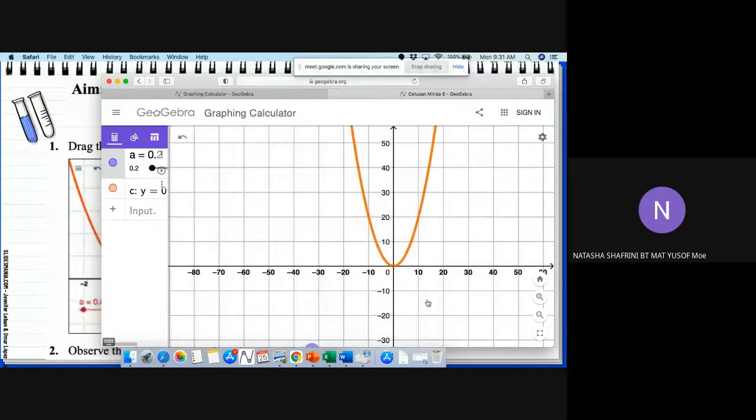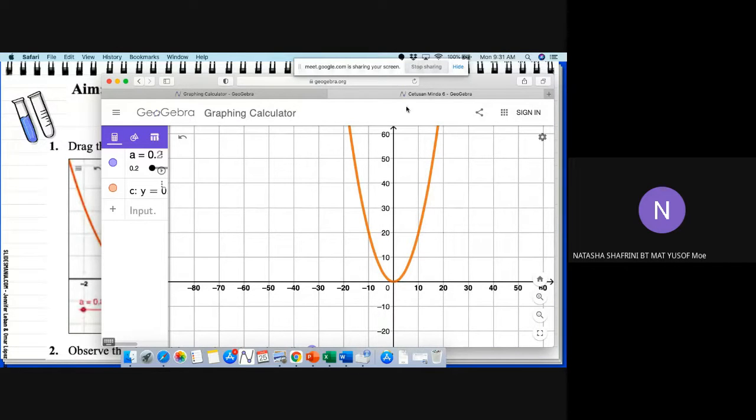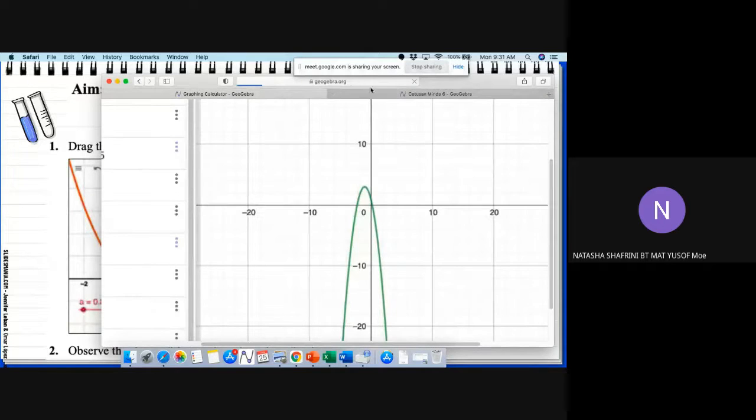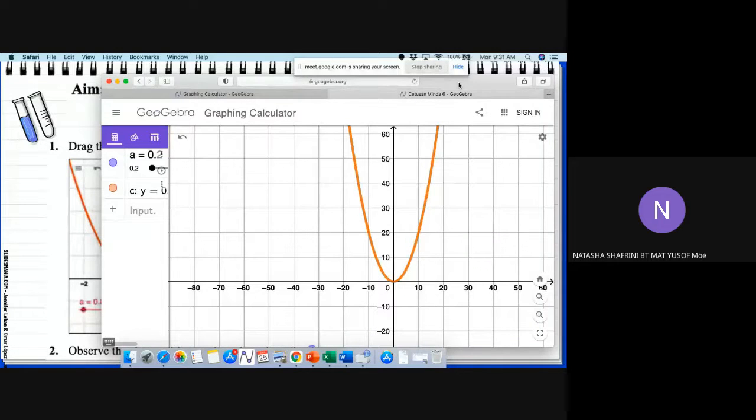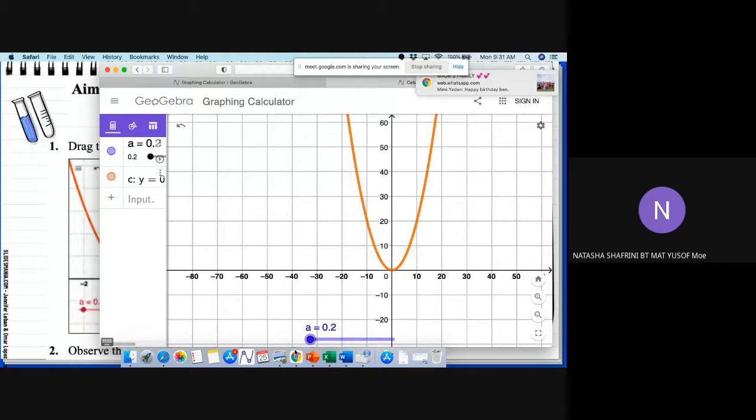Oh, ni kat bawah. Macam ni. Nampak tak? Okay, sini a equal to 0.2. First gambar tadi.